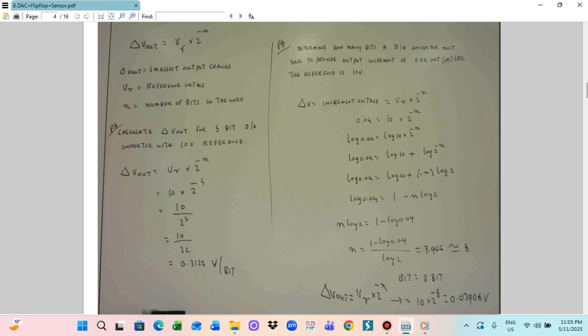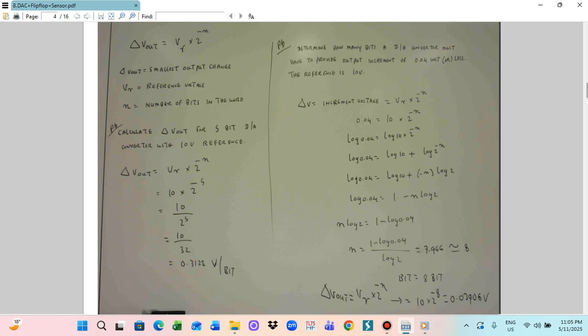If the binary number is given, we have to use this equation. But for another formula, V out is equal to n divided by 2 power n of V reference. In this case, n is the hexadecimal value given, so we have to use this formula. First, we have to calculate: write down 001, 011, 0101.